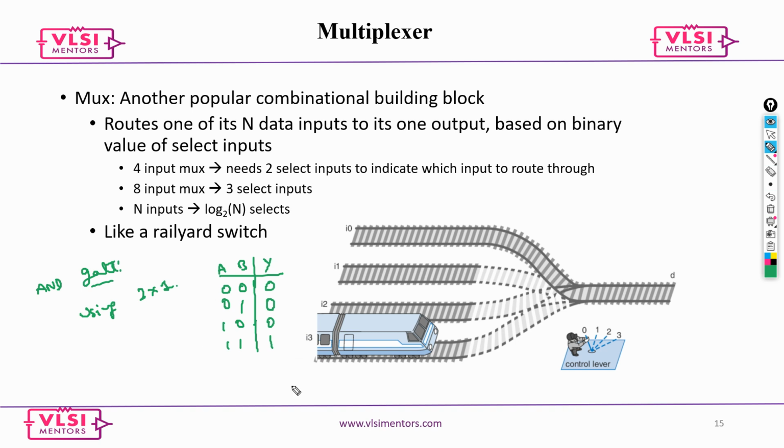So now how do you decide this here? In this case, what is the value? This A and B are there. When A is 0, irrespective of B value, the output is 0. So that means you can treat that as I0, that is 0.